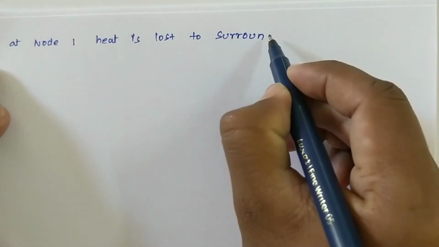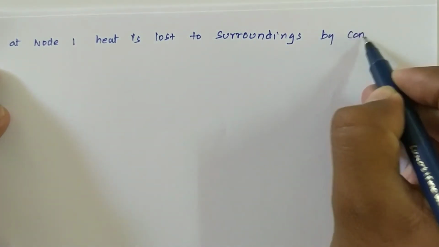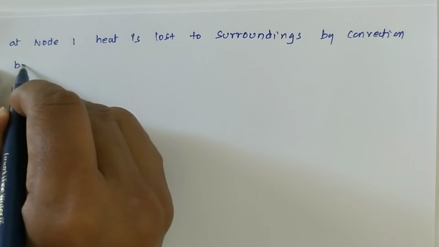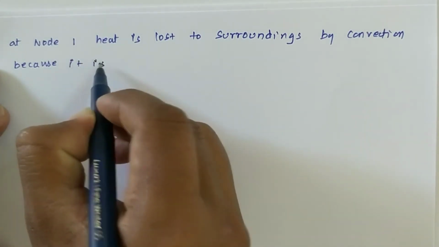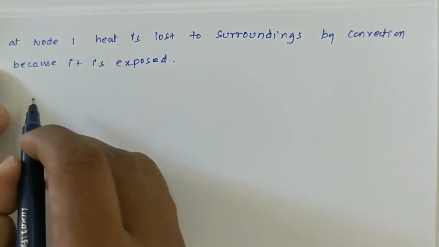At node 1, heat is lost to the surroundings by convection, because it is exposed to the surroundings.